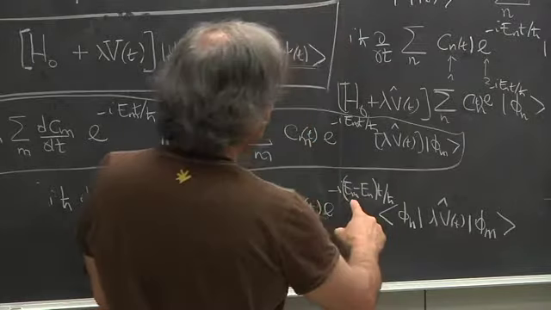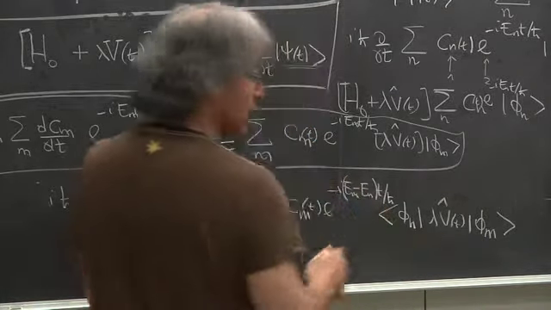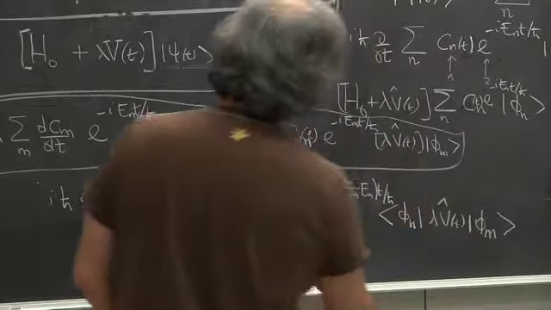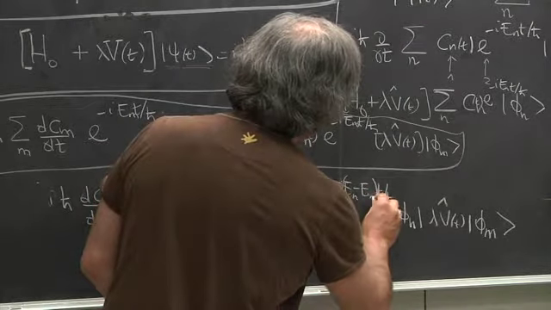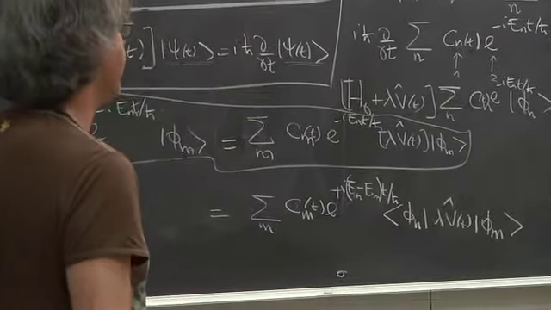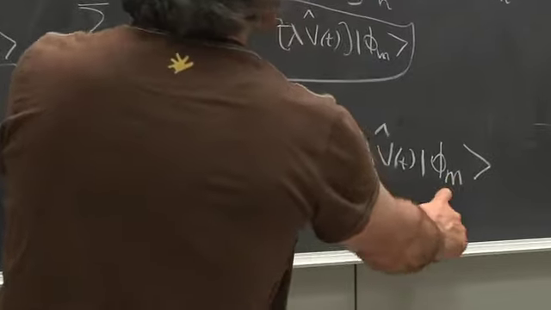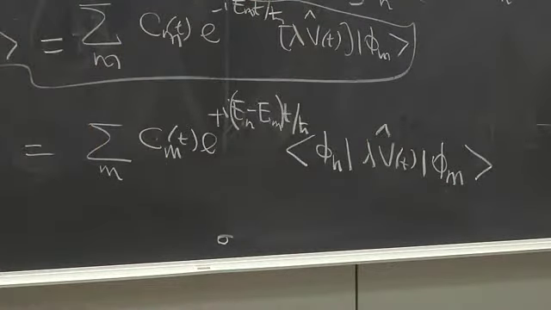You see, I have Em minus En, the difference in energy between these two states. Actually, let me write it opposite. So I write n minus m with the plus, so that I have the same n, n, m, n. Good. That's it. This is our equation.